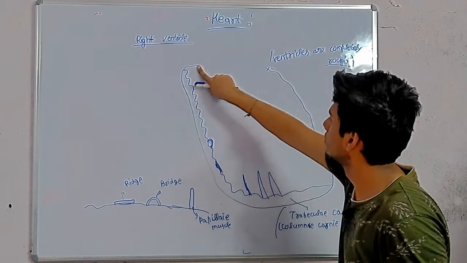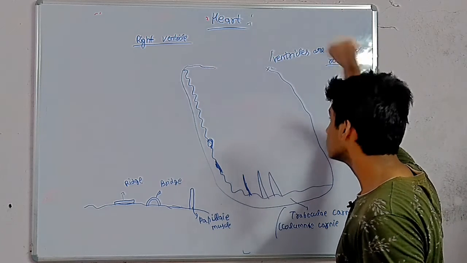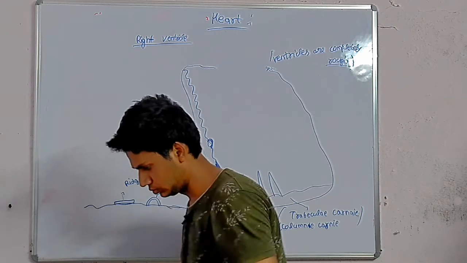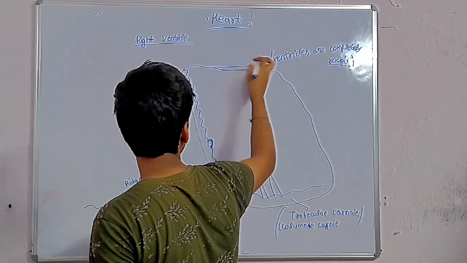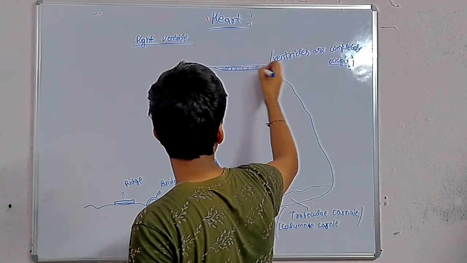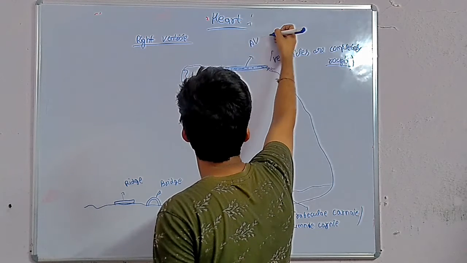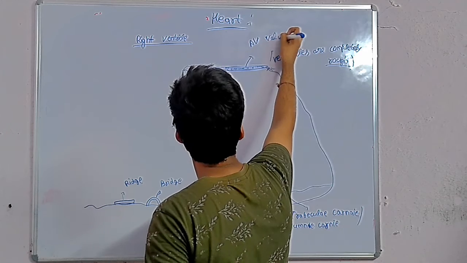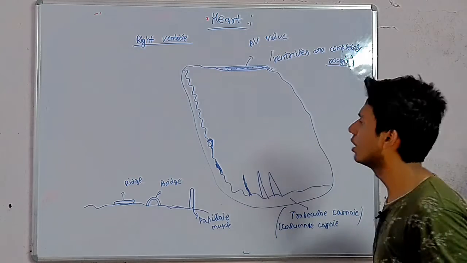Here we know this is the AV wall, the atrioventricular or tricuspid valve. It is present between the right atrium and right ventricle.